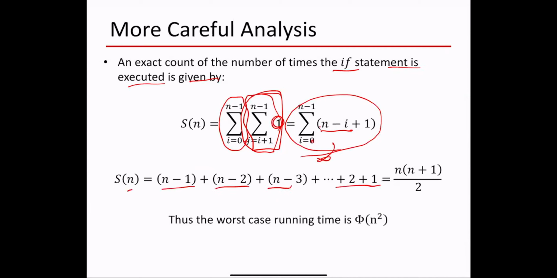Then the sum of all of this is n multiplied by n plus 1 over 2. Okay, therefore it is n squared over 2 plus n. So in this case, what we care about is the dominant term only, and this is my constant.